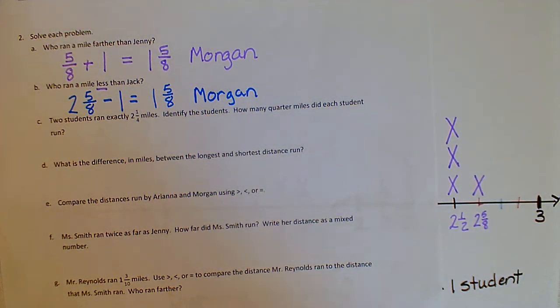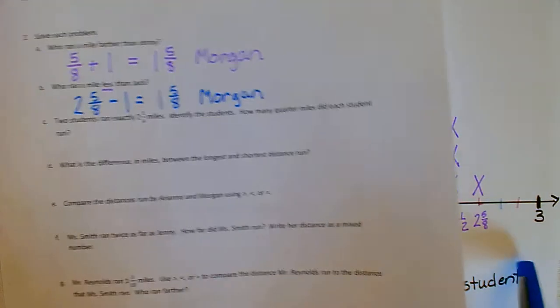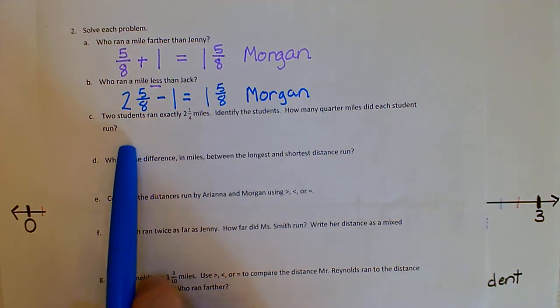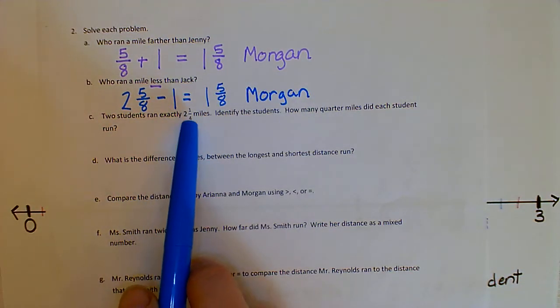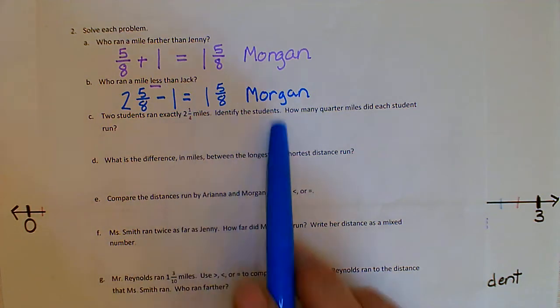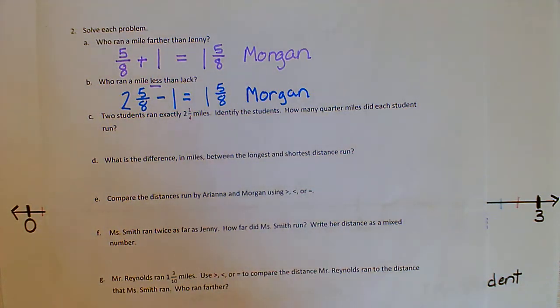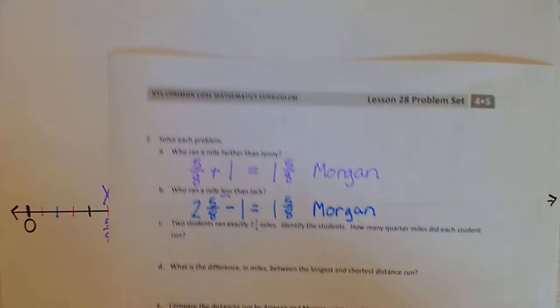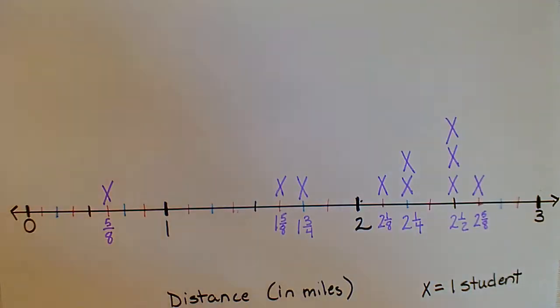Okay, next question. The next question says, 2 students ran exactly 2 1/4 miles. Identify the students. How many quarter miles did each student run? So this is a multi-step problem. First of all, I just want to look at my graph. So it's saying 2 1/4 and sure enough, here I see 2 1/4 and I have 2 X's. But who did that?